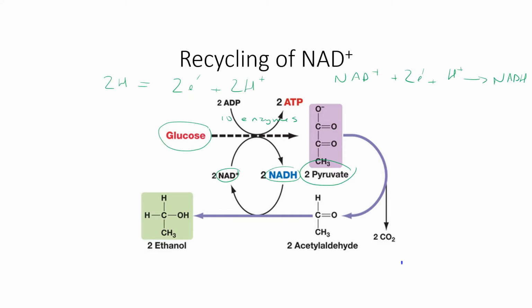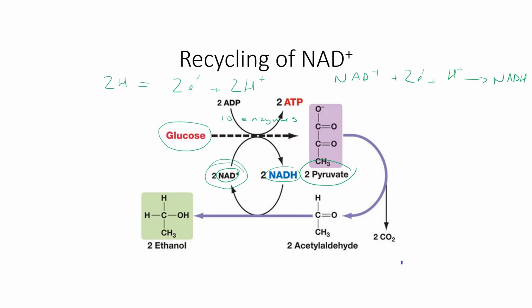The only issue here is that if you get to this stage, you need to replenish this NAD+, simply because you won't be able to carry out glycolysis again without it, because it has to be there to accept those electrons and 1 proton. So the way that it's done is here in this 2-step process.